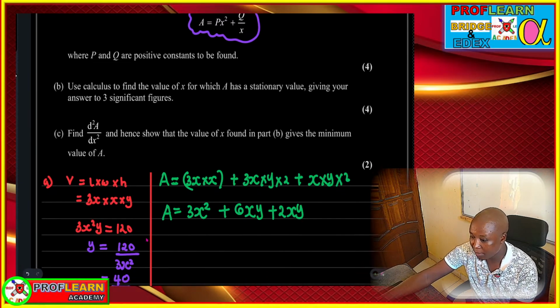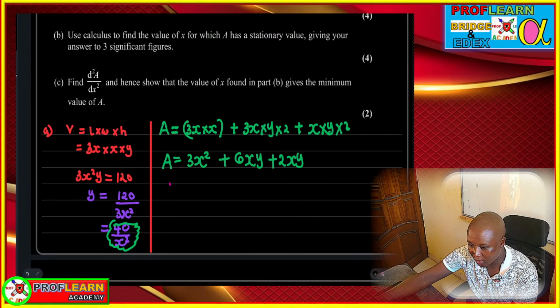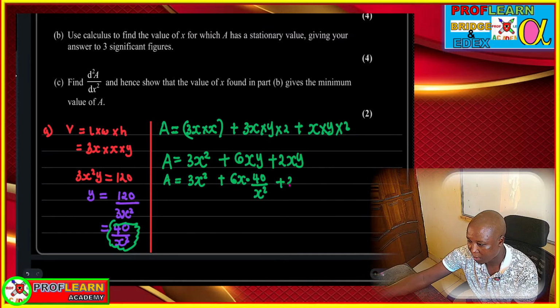But we need to remember that our y is basically 40 over x squared, so therefore our area is going to be 3x squared plus 6x times 40 over x squared plus 2x times 40 over x squared.